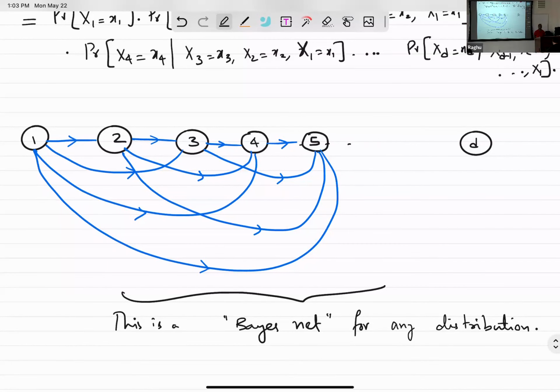Any suggestions? What would be interesting questions? Well, think of the Markov chain example. You said it depends only on the present, like the previous state. Maybe you can simplify it and say maybe it doesn't just depend on the previous state, maybe it depends on 2 days of history.